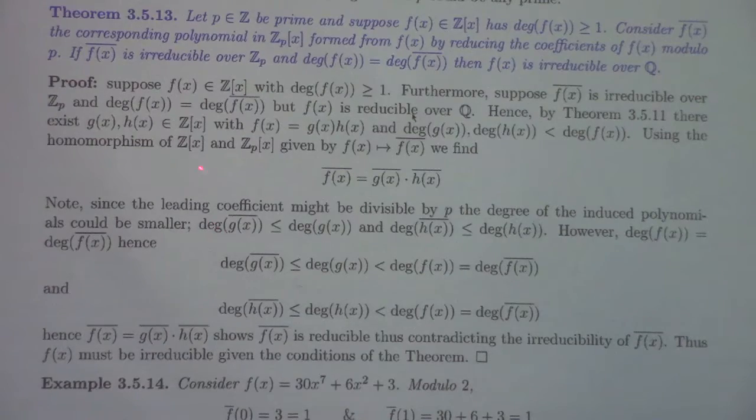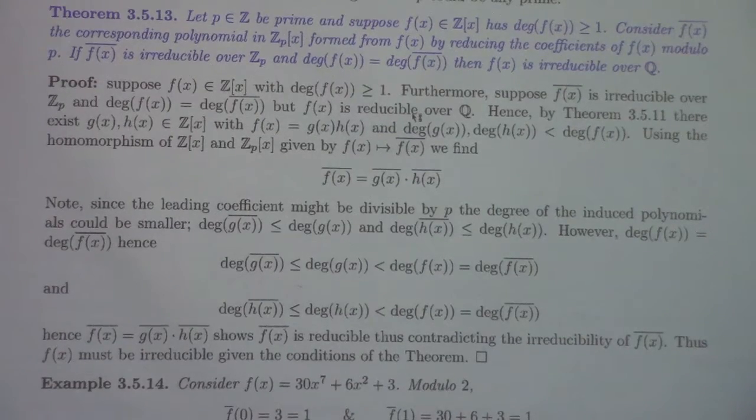So using the reduction homomorphism, we have that f is equal to the product of its reductions, right? Now, here's the deal though. If this reduction happened to have p, or a multiple of p, as its leading coefficient, it would lose a degree in the reduction, right?